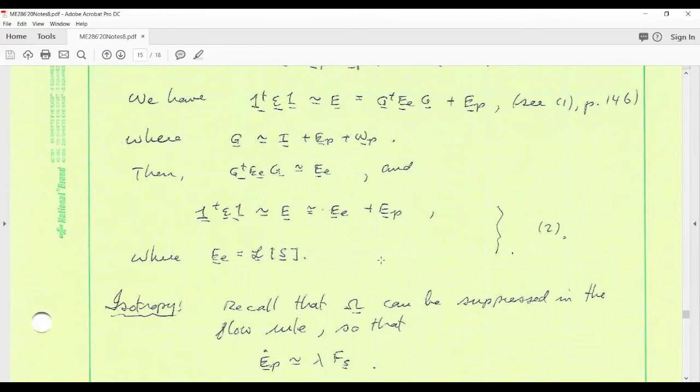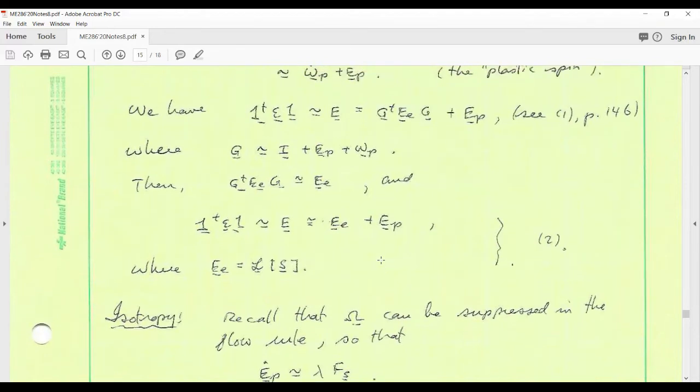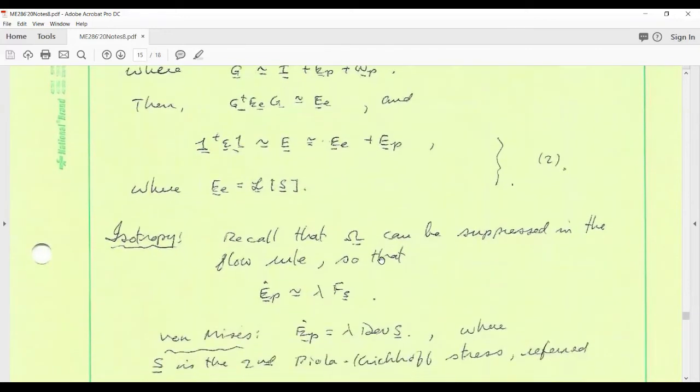So let's keep things simple for the moment by invoking isotropy. Suppose we're talking about an isotropic material. Remember, in that case, because of material symmetry arguments, the plastic spin can be entirely suppressed in the flow rule. The plastic spin effectively has no effect on the flow.